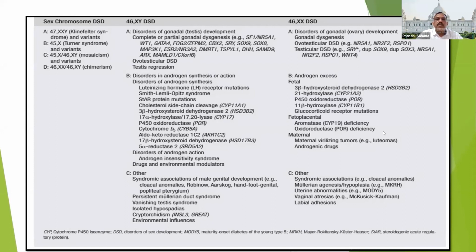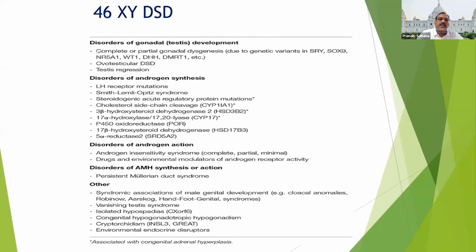Now, if we look into the causes of 46XY DSD, broadly it can be classified into gonadal dysgenesis group, that is development disorder of gonads, and also disorder of androgen synthesis or action, and also disorder of AMH synthesis or action. So among this group, that is gonadal testis development, there is gonadal dysgenesis, ovotesticular DSD, testicular regression.